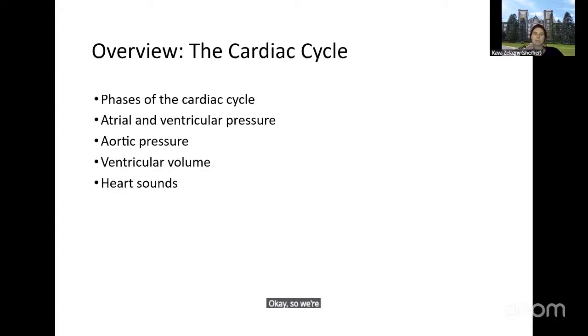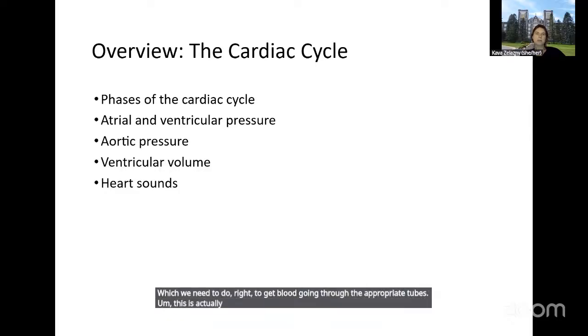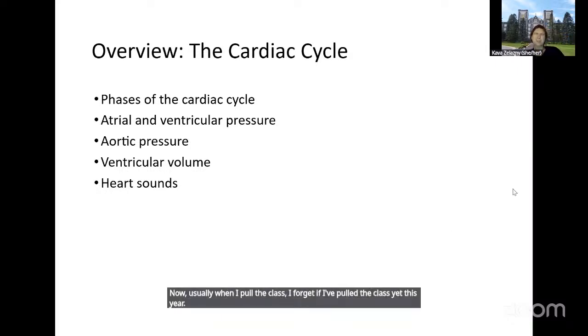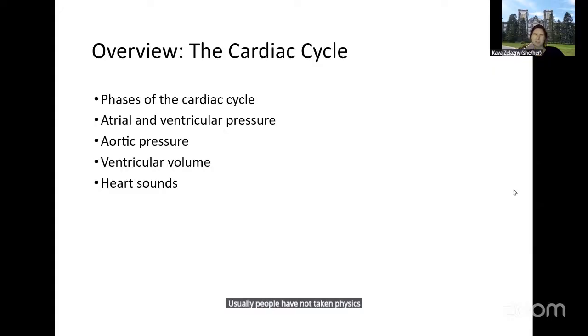Okay, so we're going to go through the phases of the cardiac cycle. And in order to get blood to flow in a specific order through the chambers of your heart, which we need to do to get blood going through the appropriate tubes, this is actually going to all be dependent on pressures. Usually people have not taken physics before this course.